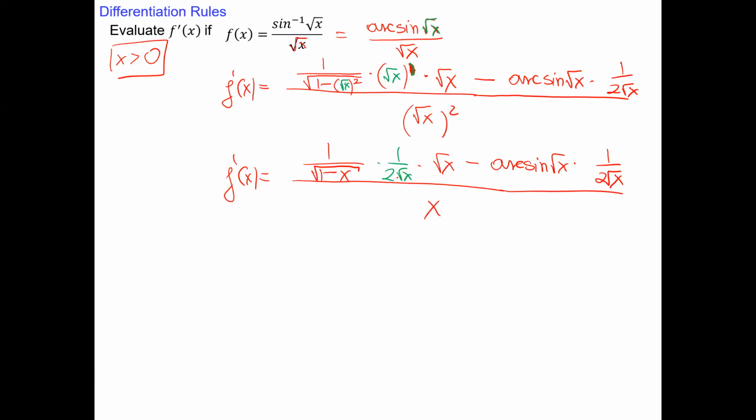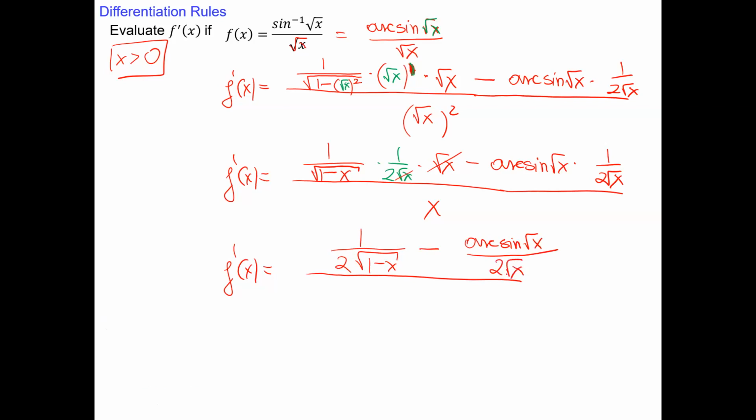Okay, what we can do, I can cancel this algebraically. And let's just leave it. I think this will be 2 times 2 square root. I can write a little bit higher. 1 minus x minus arcsine of the square root of x over 2 square root of x over x. Okay, let's just leave it.